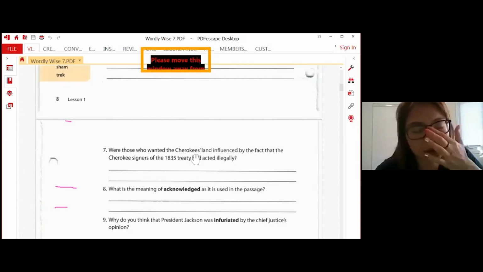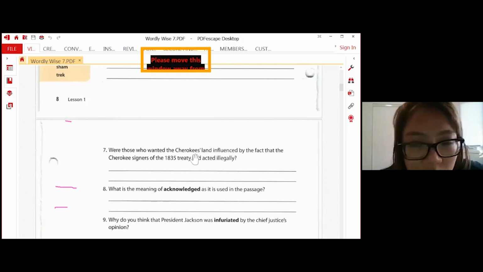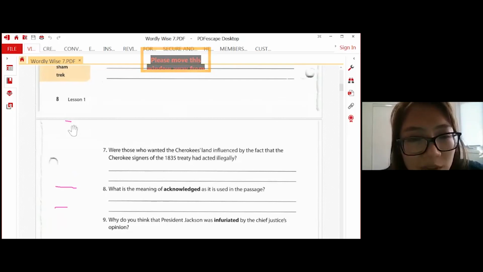What do you guys think? Were those who wanted the Cherokee lands influenced by the fact? Other people, do you guys have any thoughts about it? I don't think they were influenced. They were least bothered.